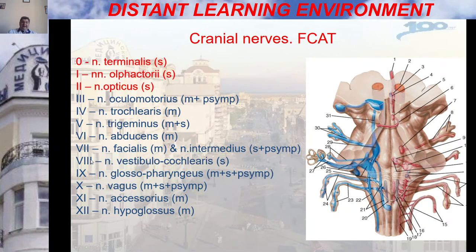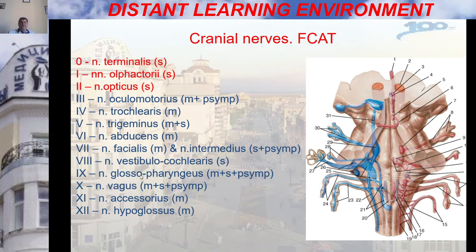Also you may see the 8th pair, nervus vestibulocochlearis. It contains 6 nuclei: 2 cochlear nuclei and 4 vestibular nuclei, and all of them are sensitive. The 9th pair is nervus glossopharyngeus. It contains 3 types of fibers: motor, sensoric, and parasympathetic fibers.